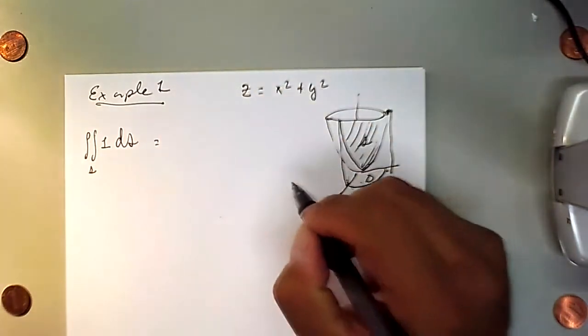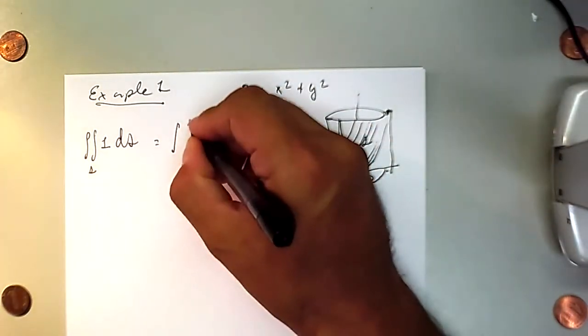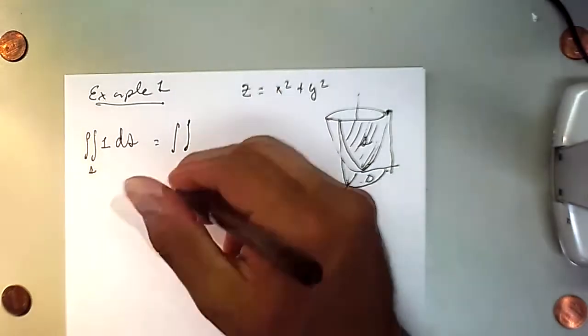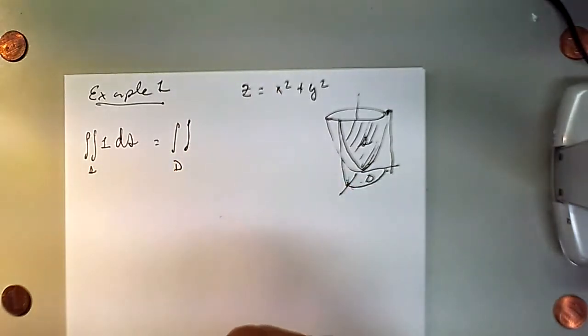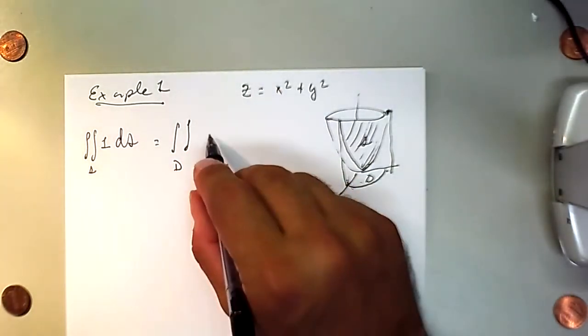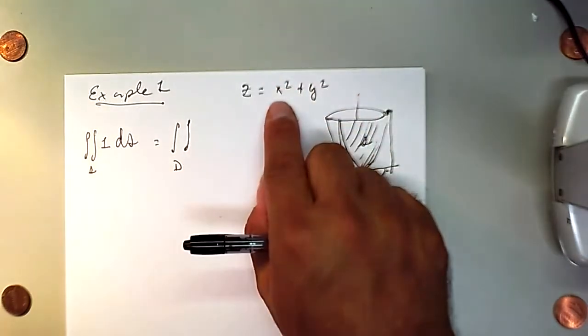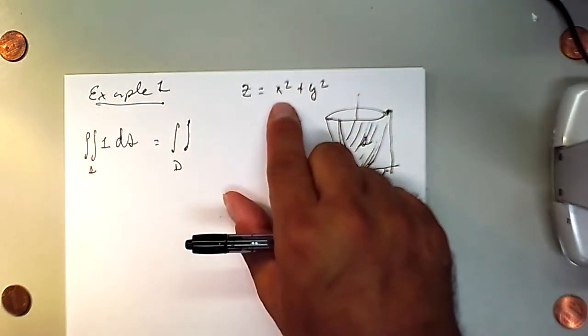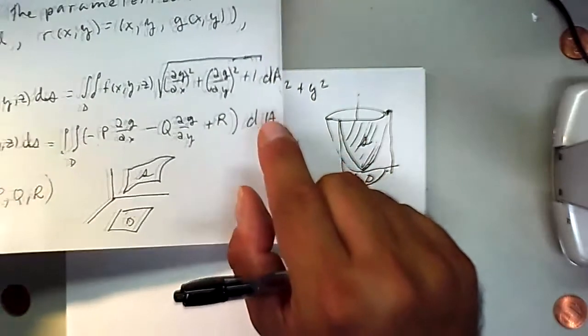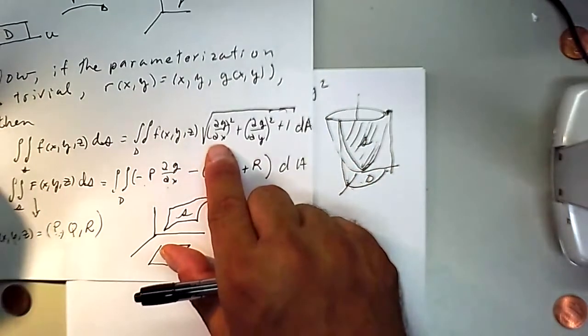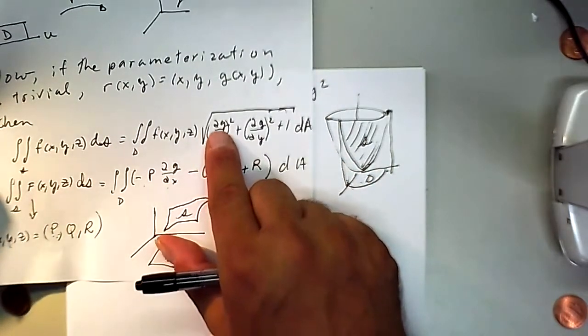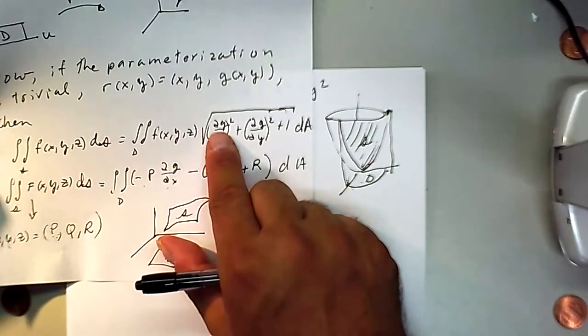That would be, let's see, the double integral over D. And then we would have to do, according to, I'm already sort of contradicting myself because I'm ready to use this formula already. Partial of, in this case, it would be Z itself.